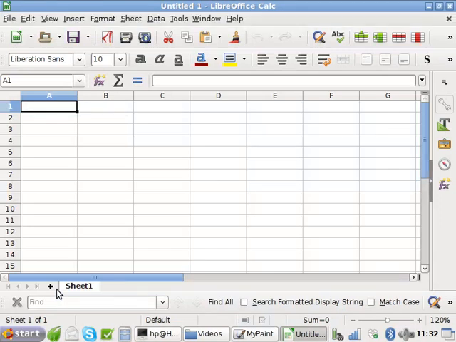Right, so let me just make the table here. We have time in seconds, and then we have voltage in volts.